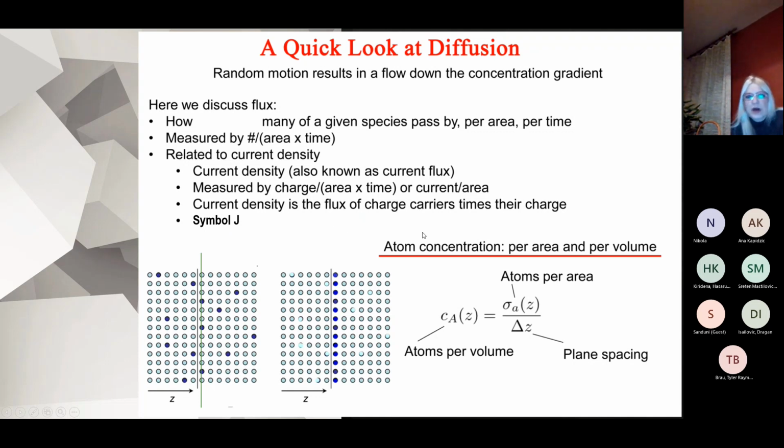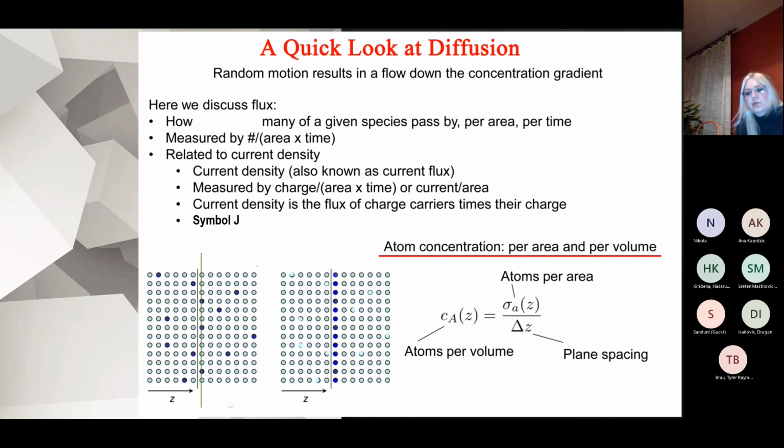Now we're going to say something about the atom concentration. When I'm talking about diffusion, I'll basically talk about atoms or some kind of species, but the same things also apply to electrons and holes.